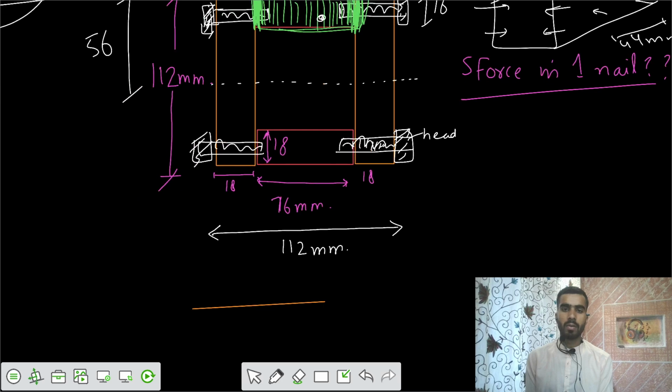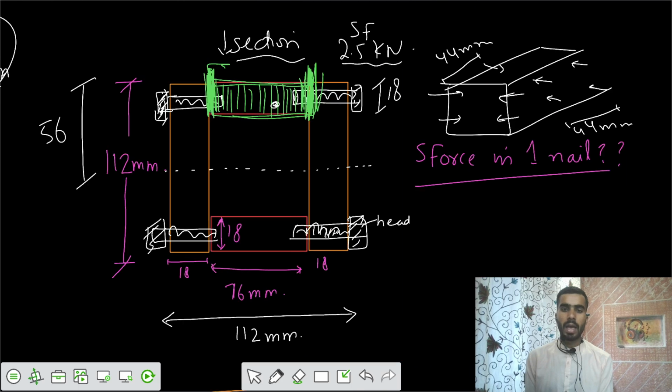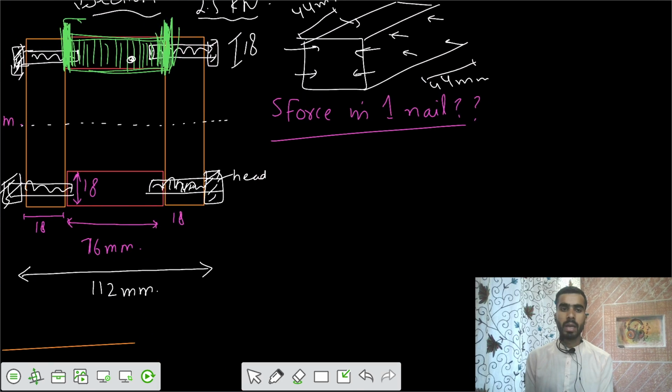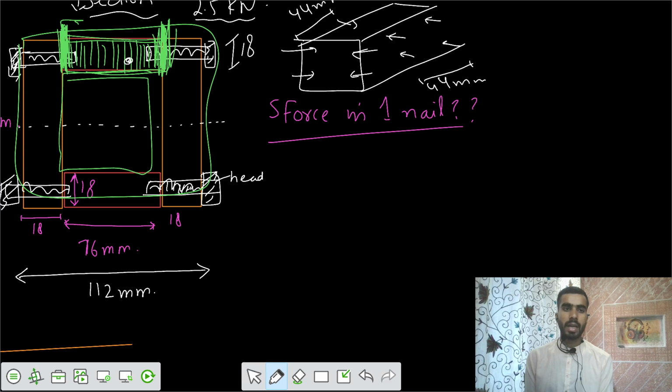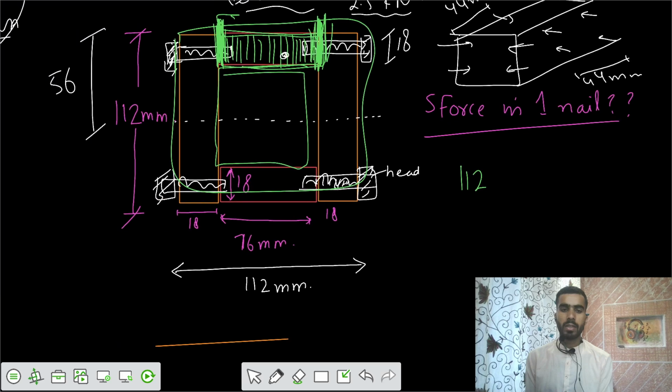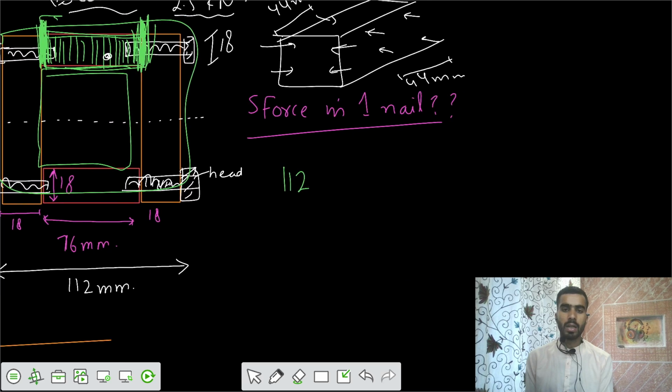Can you calculate the value of I about the neutral axis by the symmetry? We can assume this is a bigger rectangle, and you subtract the smaller rectangle. The bigger rectangle has width equal to depth, 112.